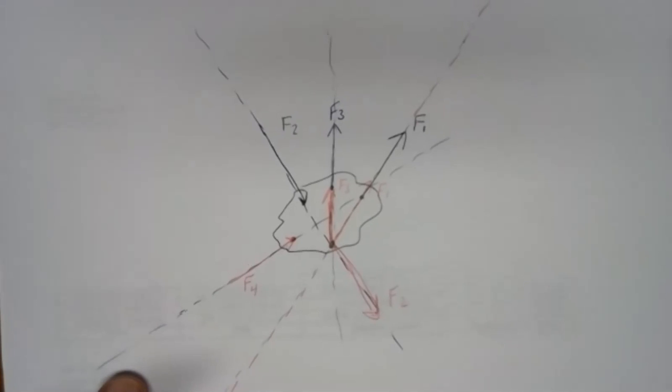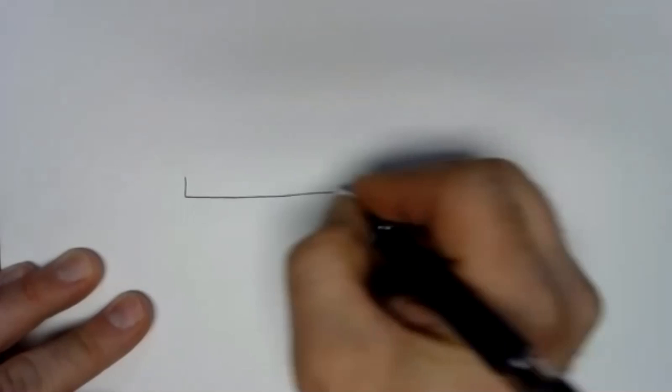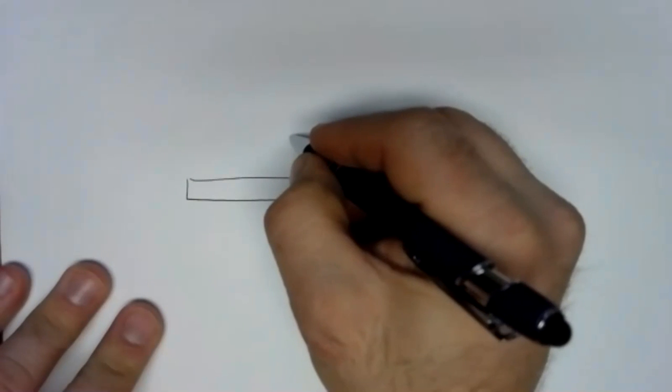Now, another example would be to look at a weight sitting on a beam. A beam could be something like an I-beam or maybe a 2x4 on its side, something like that. That's a simple depiction of a beam.